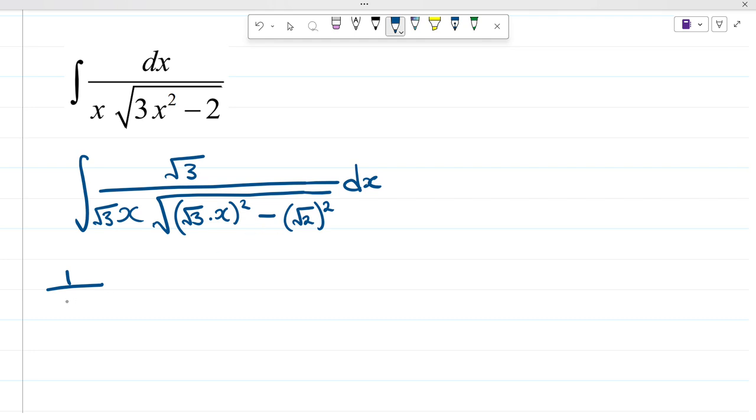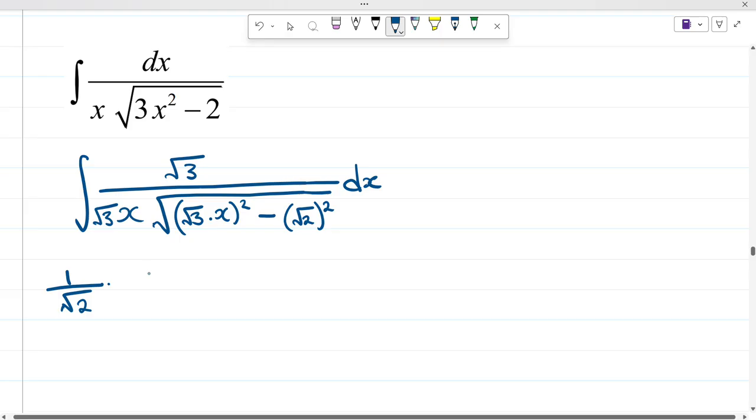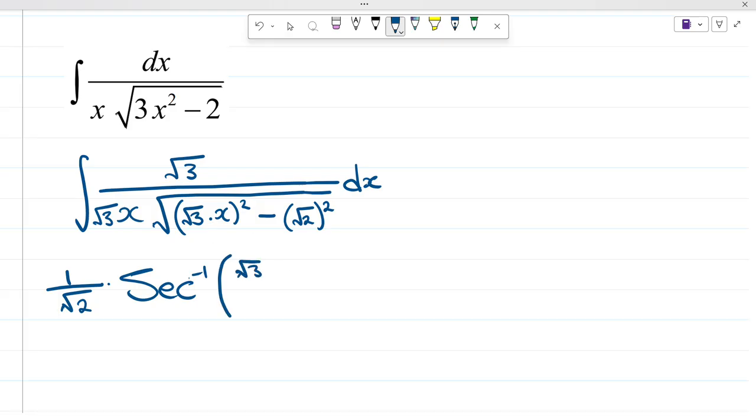My a here is root 2, so 1 over root 2 multiplied by the sec inverse of what? Here my f of x is going to be root 3 multiplied by x, divided by a. So a is root 2. You understand? So this is going to be root 2 and then plus c. And that's just it.